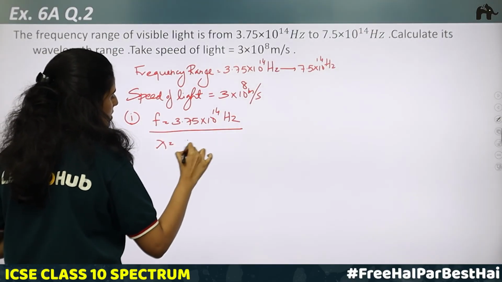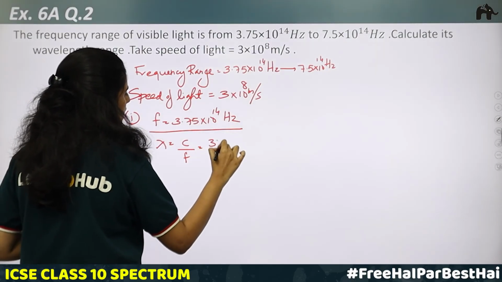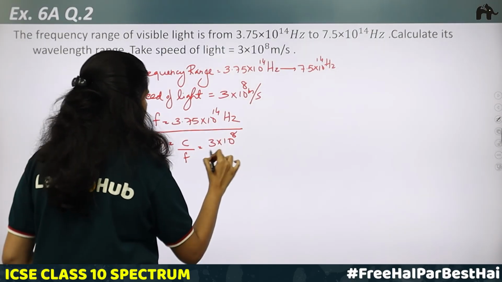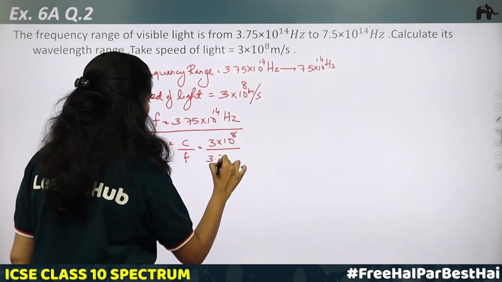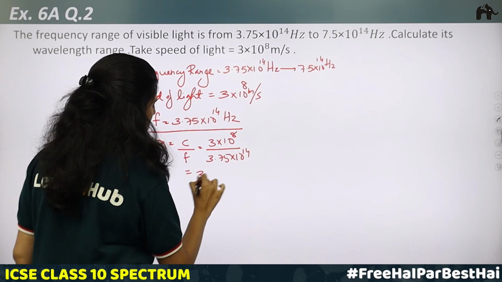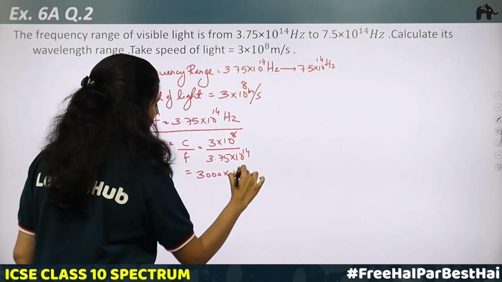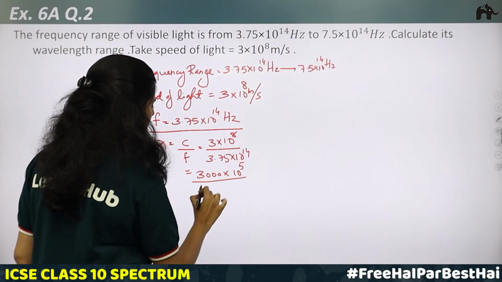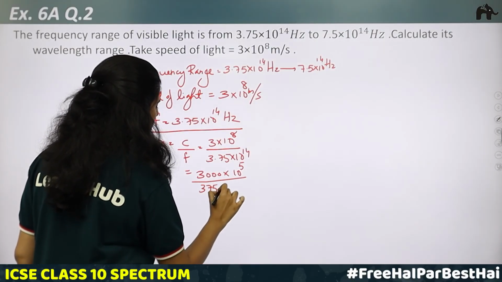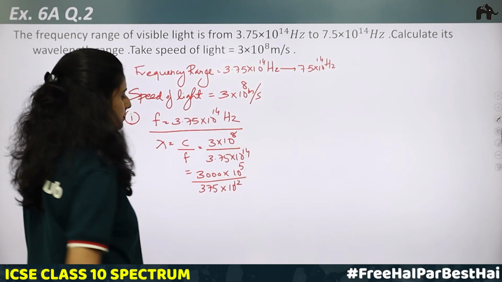Lambda is equal to c by nu or c by f, that is 3 into 10 raised to 8 divided by 3.75 into 10 raised to 14. So this can be written as 3000 into 10 raised to 5 divided by 375 into 10 raised to 12.